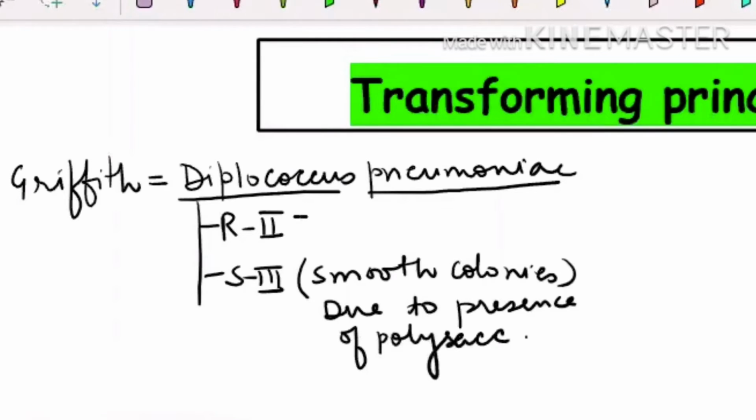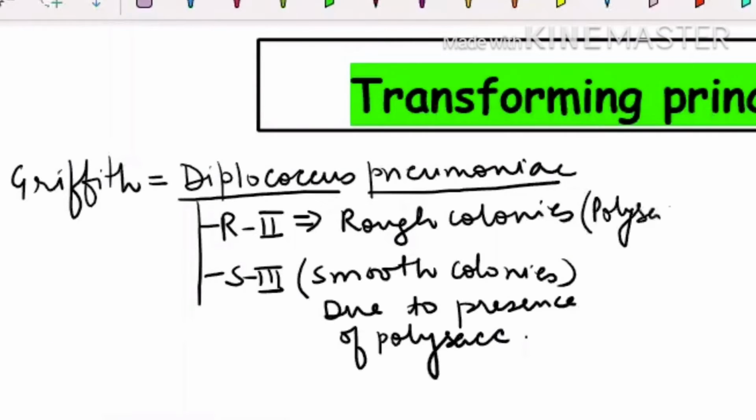And R is called the R strain because it makes rough colonies. Rough colonies means they don't have polysaccharide. The polysaccharide is absent here.